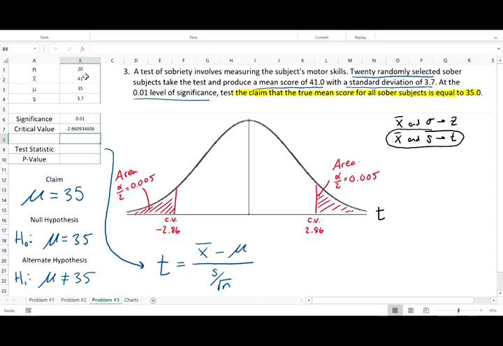So our test statistic should be equal to, in parentheses, sample mean minus population mean, divided by, again in parentheses on the bottom, the sample standard deviation over the square root of n.